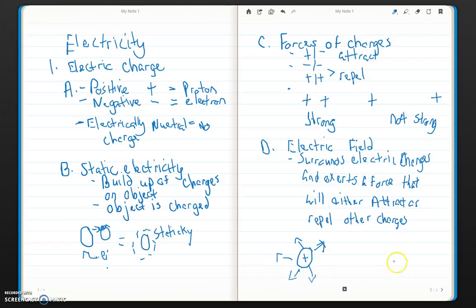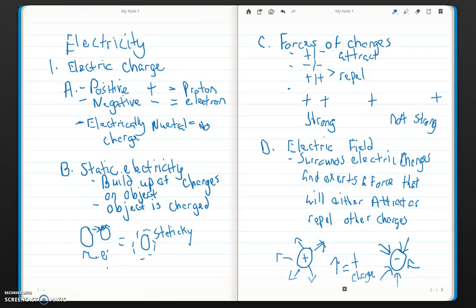Whereas the balloon with negative charge is going to have these arrows going towards it. And what these arrows represent are positive charges. So arrows equal positive charge.